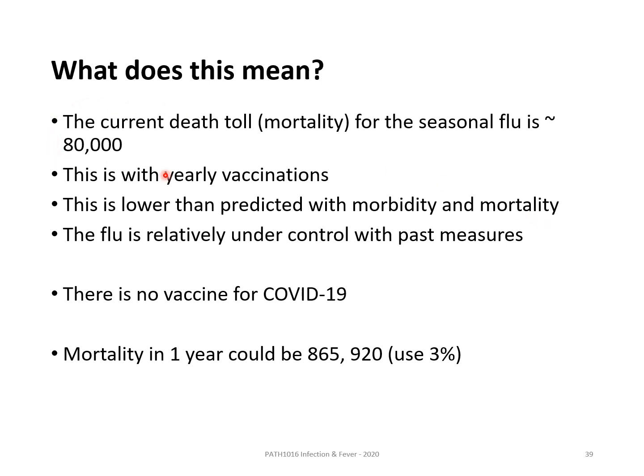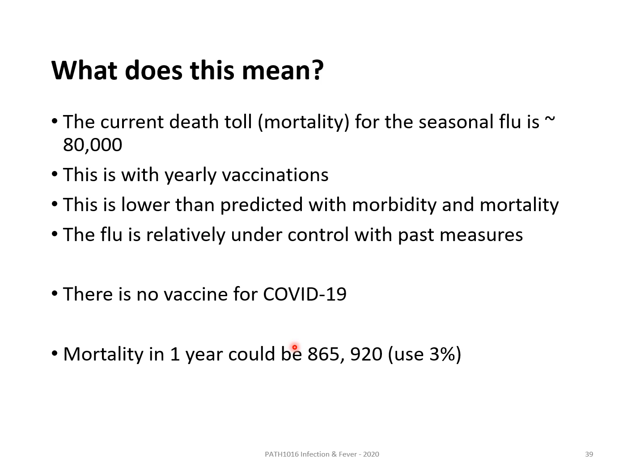So we get a death rate lower than what could be predicted if we did nothing at all. Right now, there is no vaccine for COVID-19. So potentially, if the United States threw away all their masks, which a good portion of them want to do, and everyone went back to work and school and did nothing, you could get close to that 1 million mark within 1 calendar year.